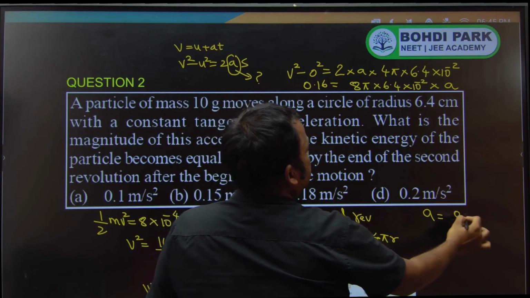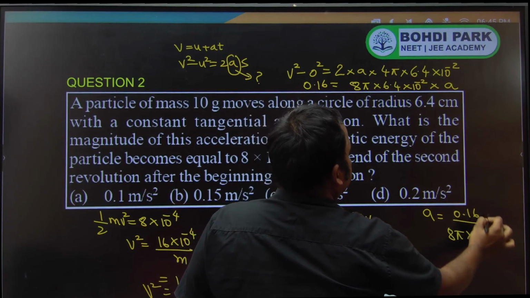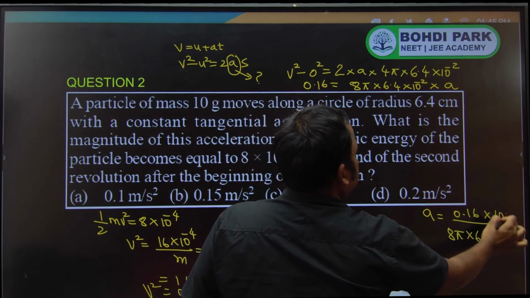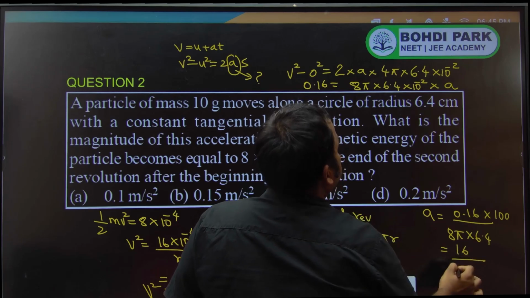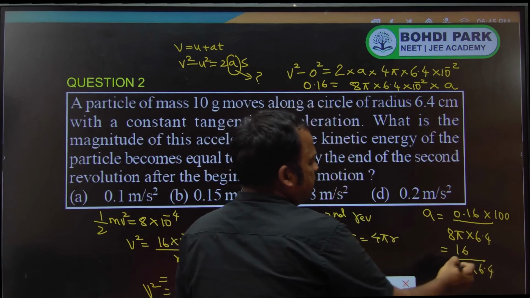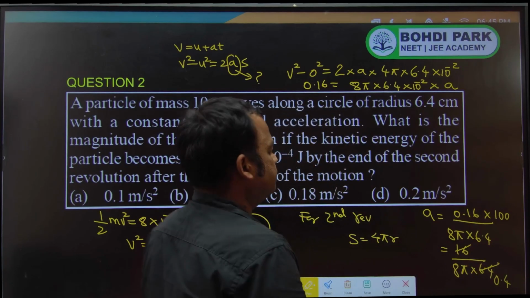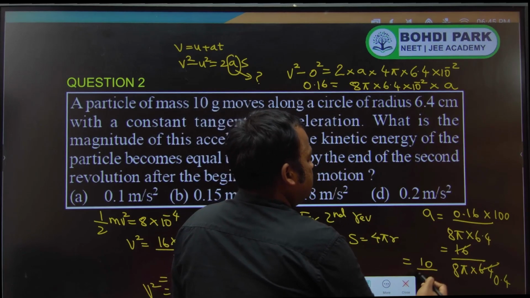So a is equal to 0.16 divided by 8 pi into 6.4 into 10 power minus 2, and this will become 100 over here. So 16 by 8 pi into 6.4, that is 16 by 8 pi into 6.4, so 10 by 32 pi.